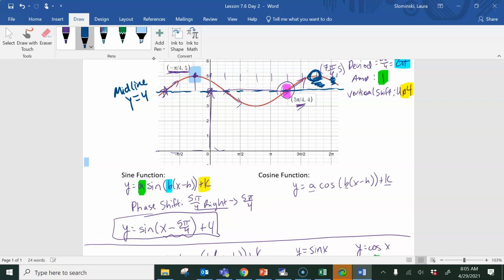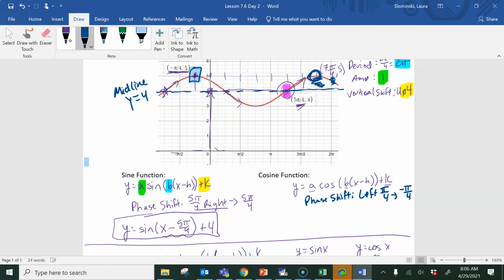I just want to show you an example of a phase shift to the left. If this is the one that I'm using, in words I would say it is left pi over 4. In Pearson, though, sometimes it doesn't ask for the direction. If it just wants you to type it in the box, you would actually just type in negative pi over 4.